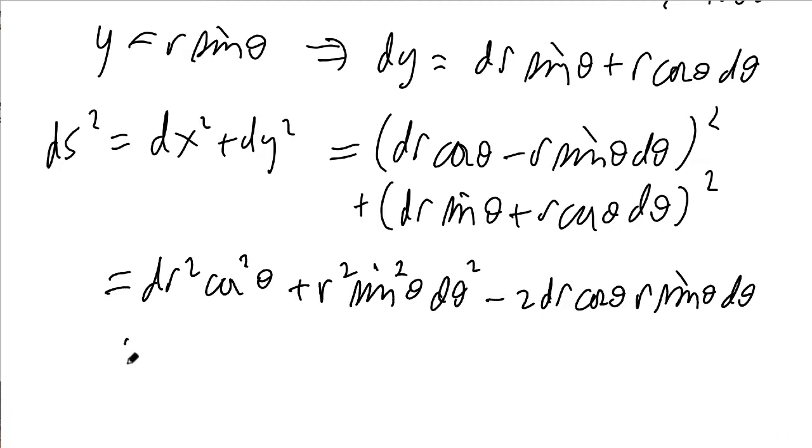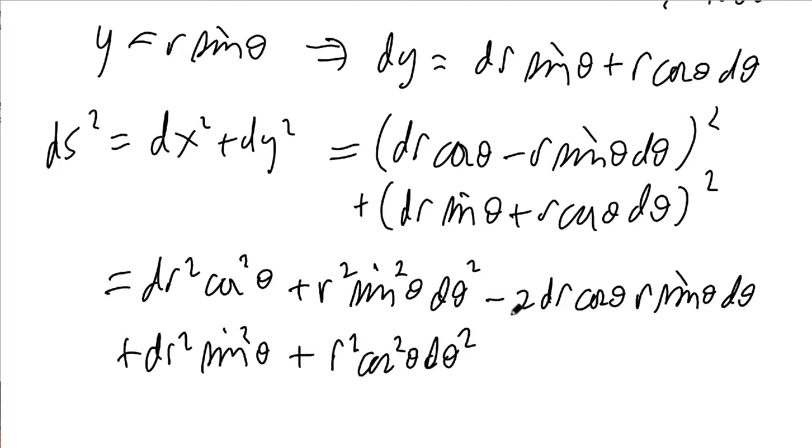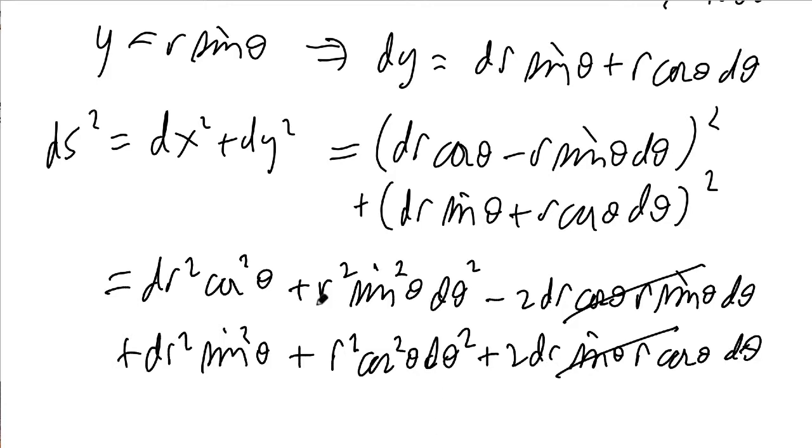From here we have dr squared sine squared theta plus r squared cosine squared theta d theta squared, and then the cross term is 2 dr sine theta r cosine theta d theta. So you'll notice these cross terms cancel. These terms that multiply dr squared, we have a cosine squared plus sine squared, which is 1.